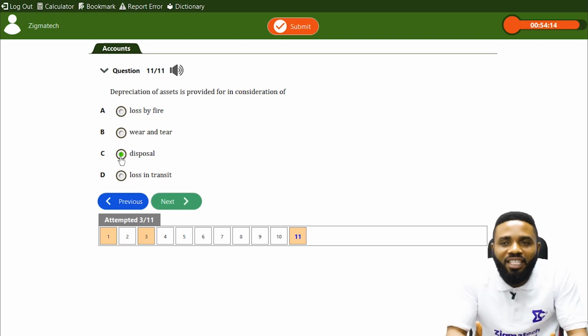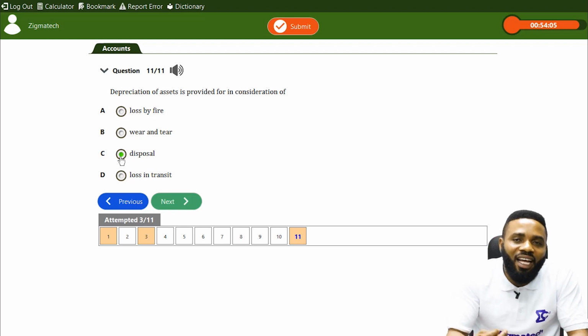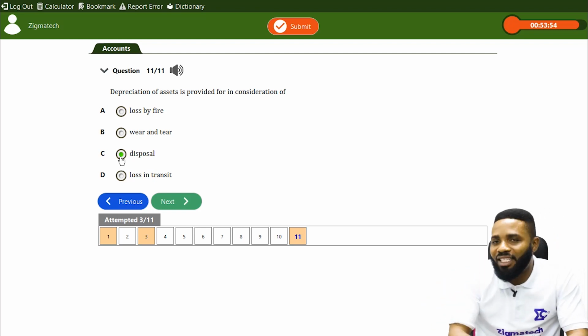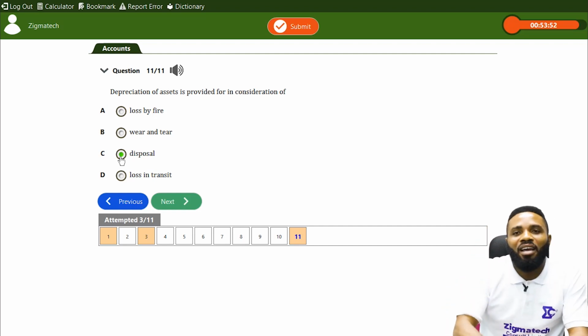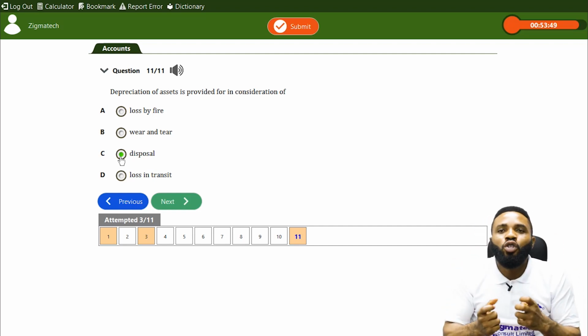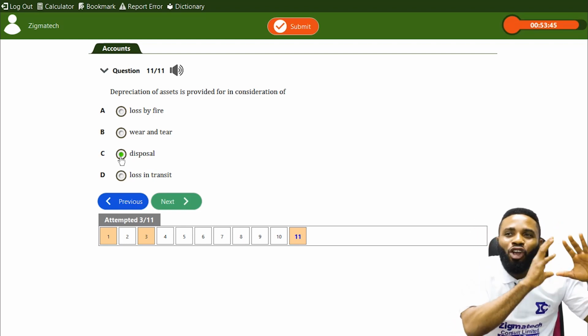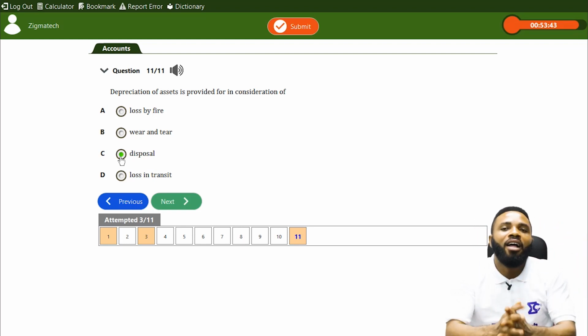When the asset is disposed, if you are not making provision for depreciation, you may not be able to get a new one, because sometimes an asset that has depreciated over some time, you may not be able to sell at the amount with which you bought it, or at the market value. You may sell it for less than the market value. So what will help you to get another one is the accumulated depreciation over the years.